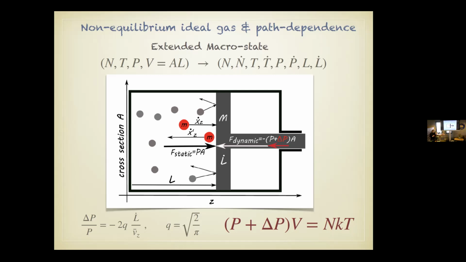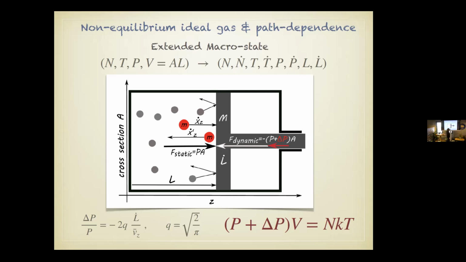And exactly this difference between the added pressure I need to push in and the subtracted pressure that I require for the piston to come out, they are responsible for the irreversible work that is happening.